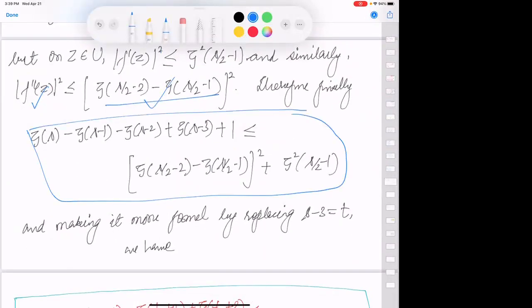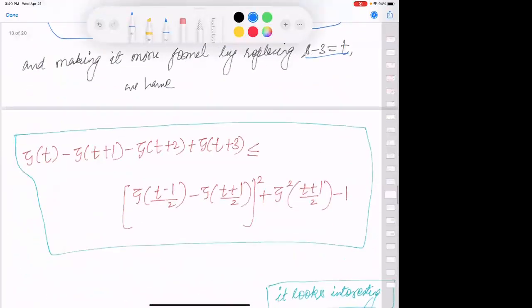Now I'm going to simplify it further by putting s minus 3 as t, so that you get the whole inequality as zeta of t minus zeta of t plus 1 minus zeta of t plus 2 plus zeta of t plus 3 is less than or equal to the square of zeta of (t minus 1) over 2 minus zeta of (t plus 1) over 2, plus zeta squared of (t plus 1) over 2 minus 1.